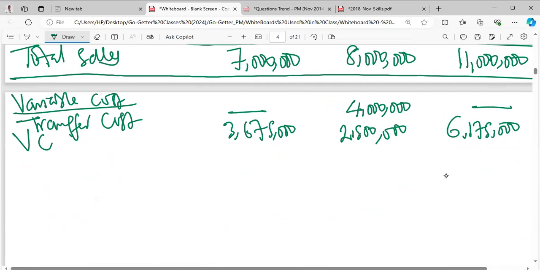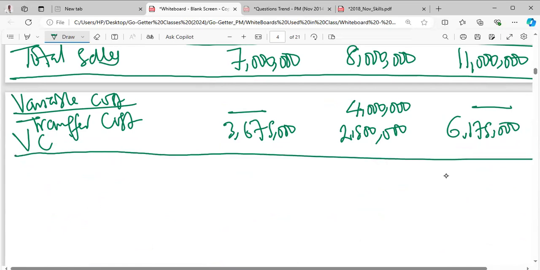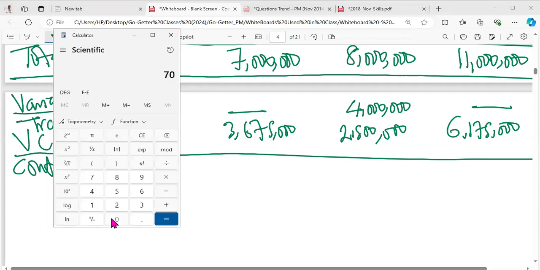So let's look at the contribution. Contribution is going to improve. So we have 7 million minus 3,675,000. That will give us 3,325,000, an improvement.